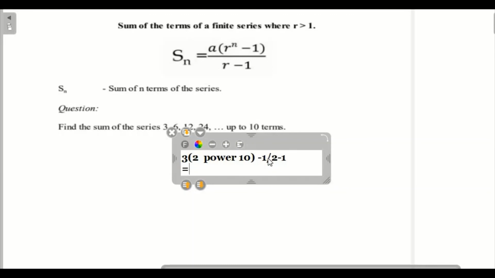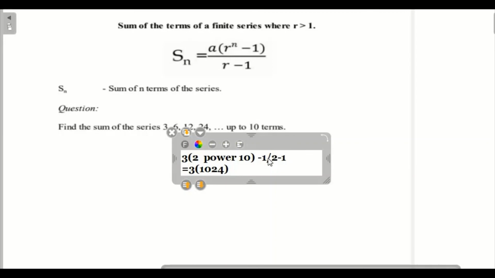You have to find the value. So you just calculate 2 power 10 is 2 into 2 into 2. So the value of 2 power 10 is 1024, so 3 into 1024. Okay.